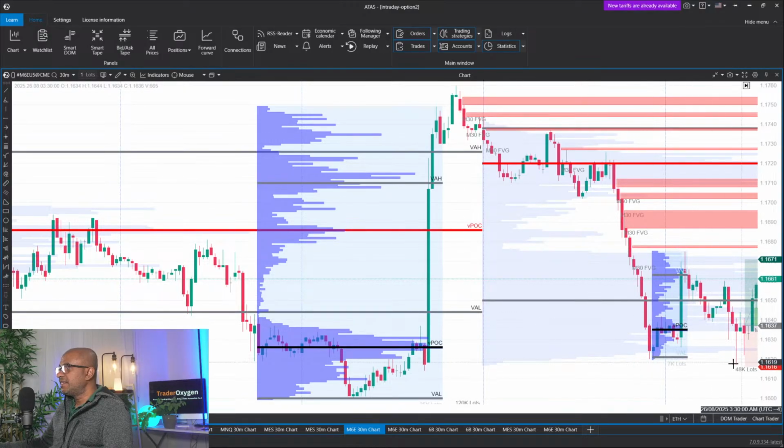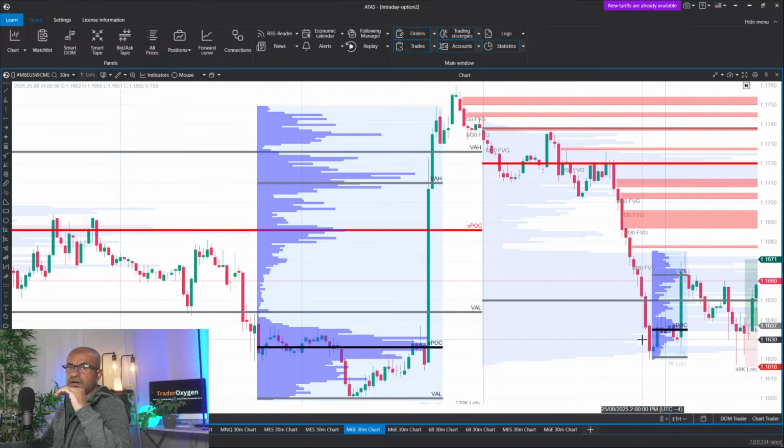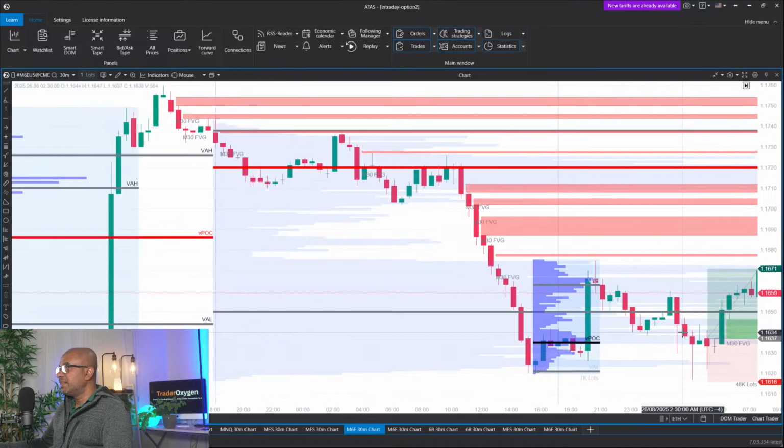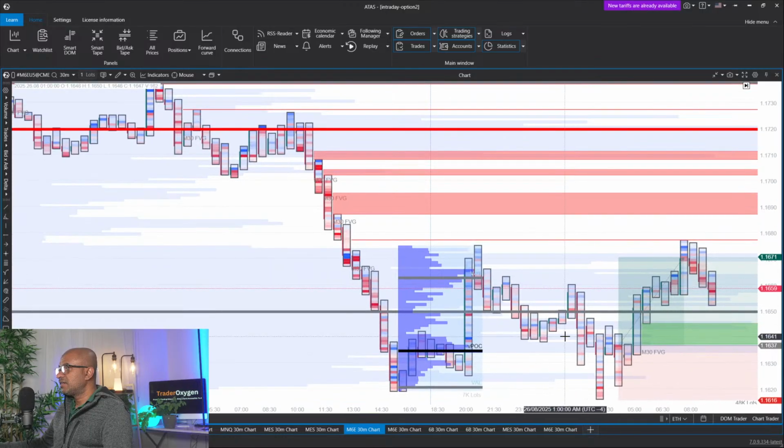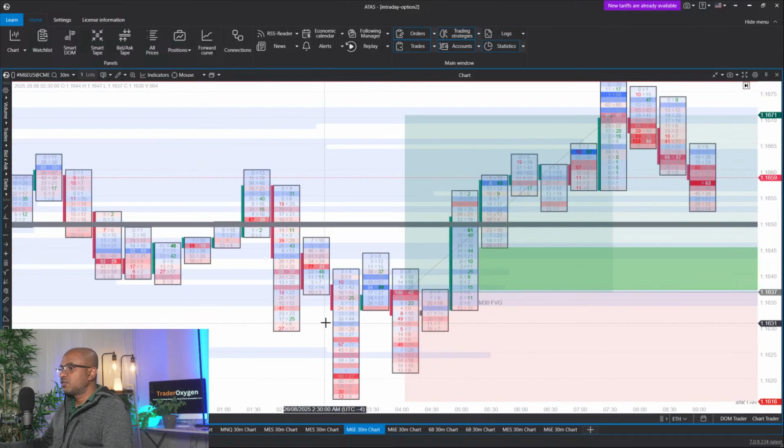Because of that, in this area there is a chance of passive buyers sitting as a wall of resistance. That is why you can see over here the price pushed up strongly with displacement. Then over here again, if I expand this candle, even though aggressive sellers try to push the price down, because of the large wall of passive buyers sitting here, meaning buy limit orders.